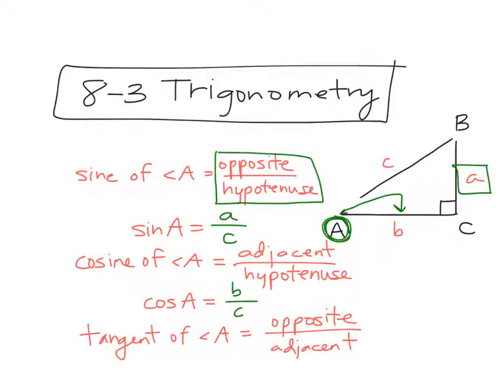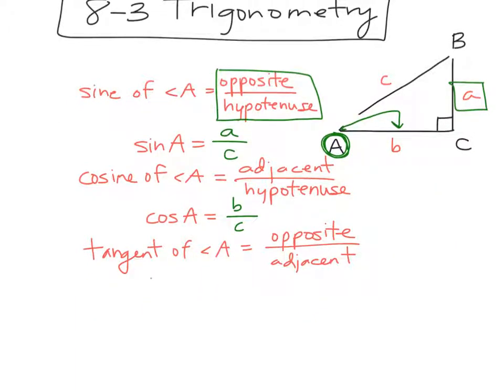We don't want the hypotenuse to be the adjacent side because we're going to use the hypotenuse as a hypotenuse. So if it's adjacent, you pick the one that's not a hypotenuse. That's next to. So the tangent of angle A, we would write tan A equals, and this one is opposite over adjacent. So what is opposite angle A? Side a, right? This is opposite over here, a. And then what's the adjacent? b.